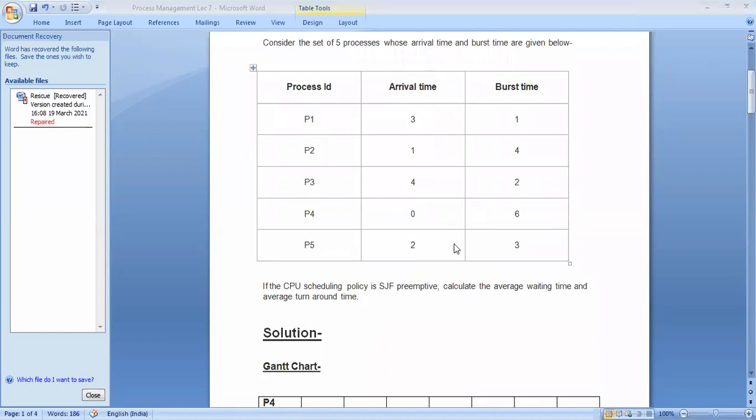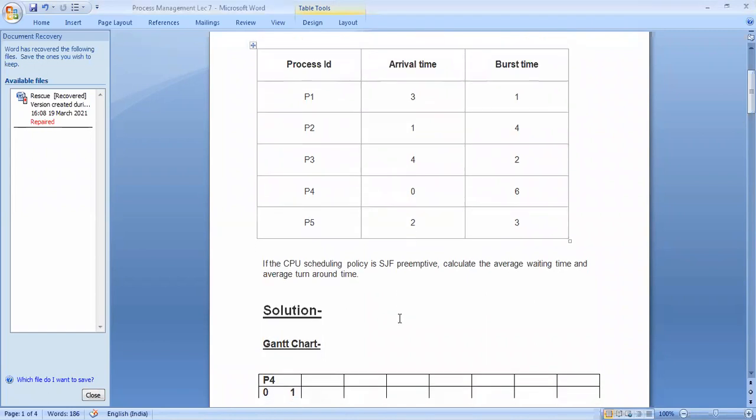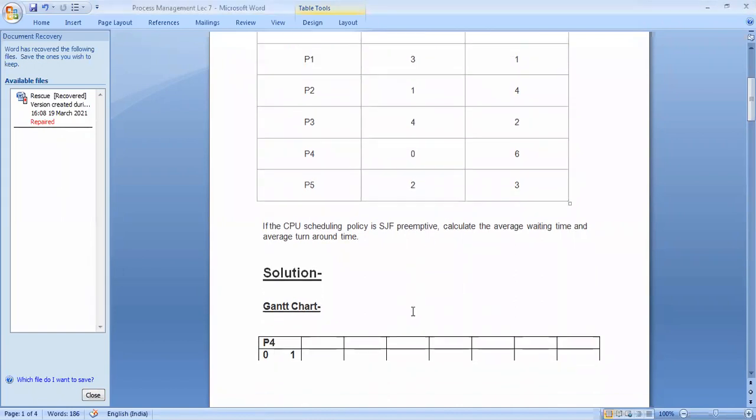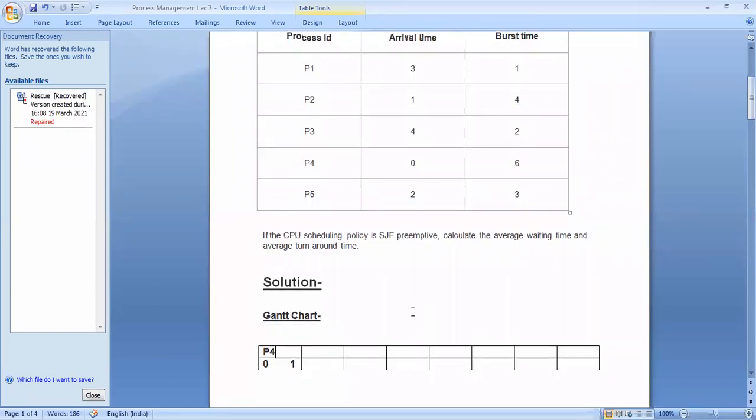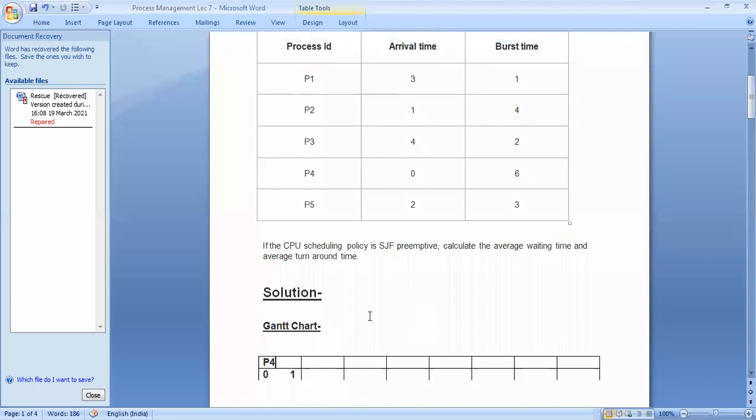Okay. So now, first of all we will prepare the Gantt chart. This is our first duty. So, Gantt chart. Now, first of all, you see the example.